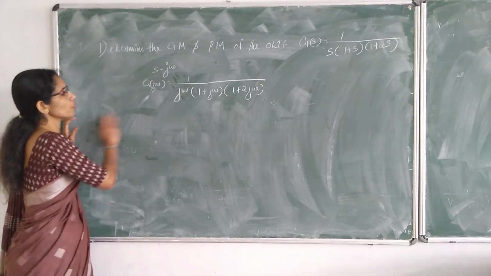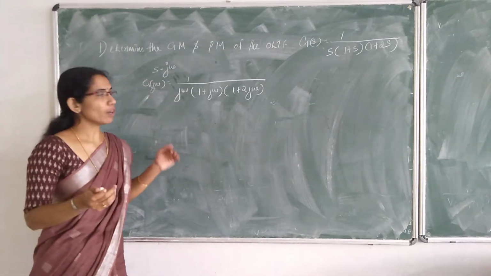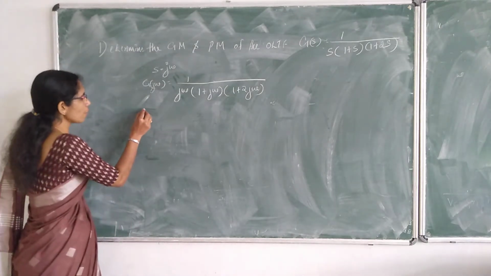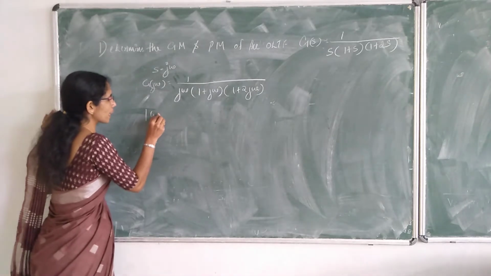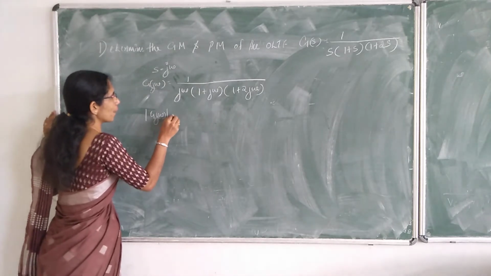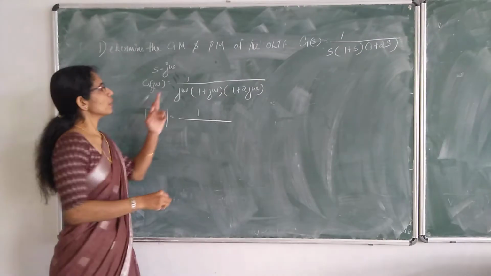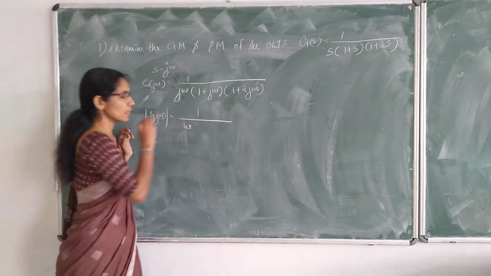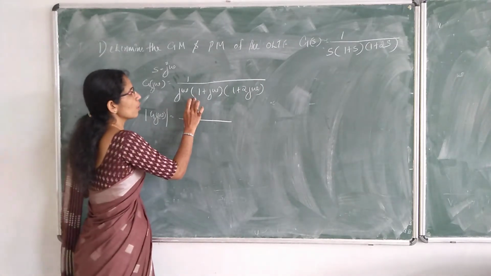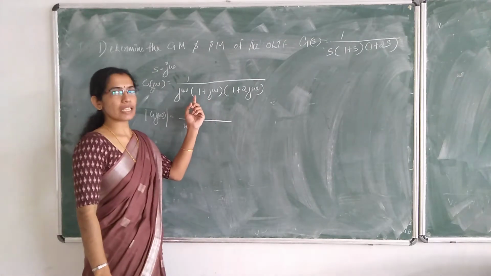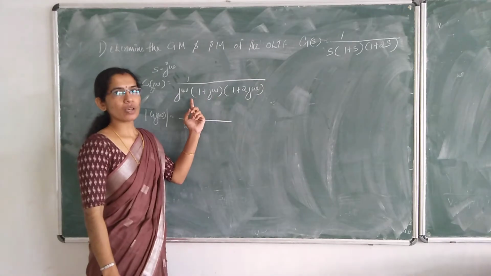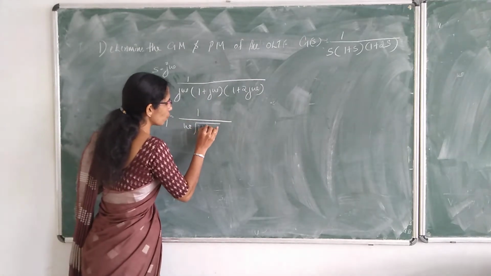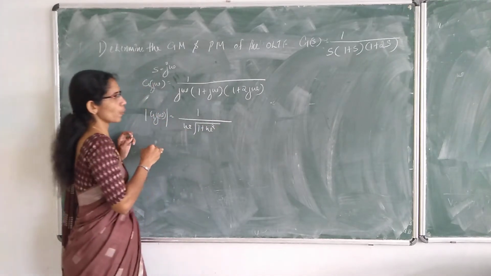Next, for drawing the polar plot, we need to find the magnitude of G(j omega) and the angle of G(j omega). The magnitude of G(j omega) equals 1 divided by the magnitude of j omega, which is omega, into 1 + j omega, which is in the form a + ib. The magnitude of a + ib is the root of a square plus b square, that is root of 1 + omega square.